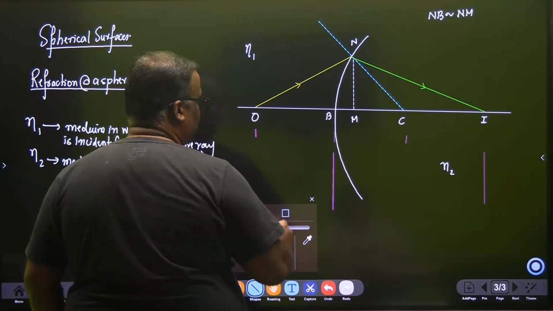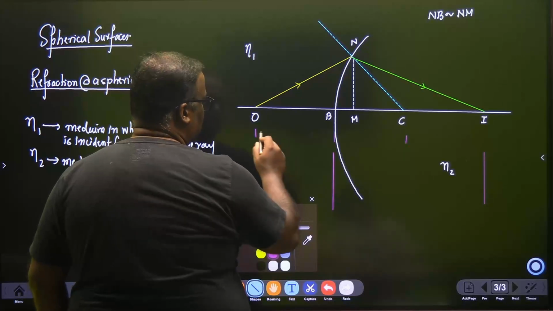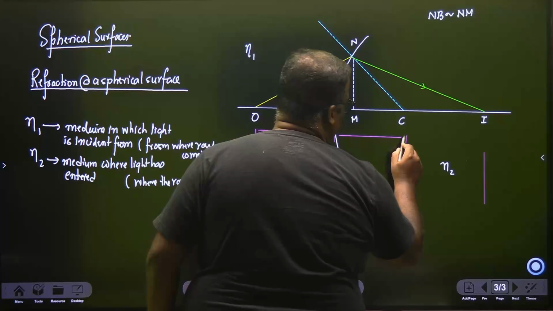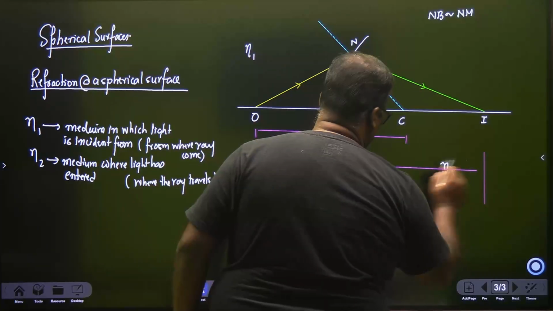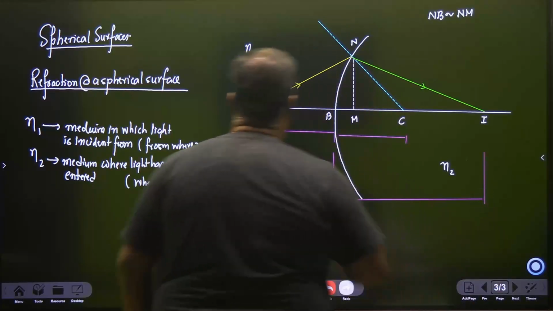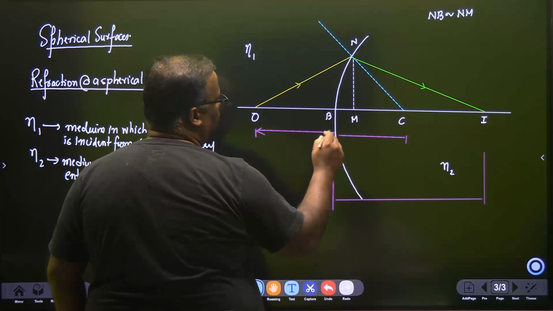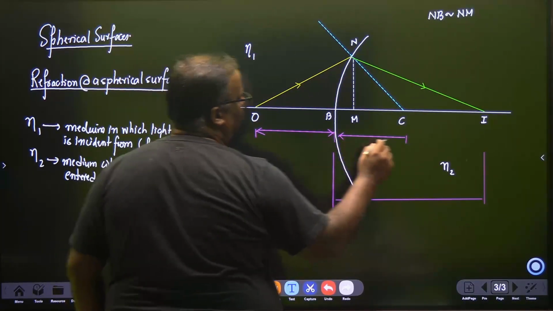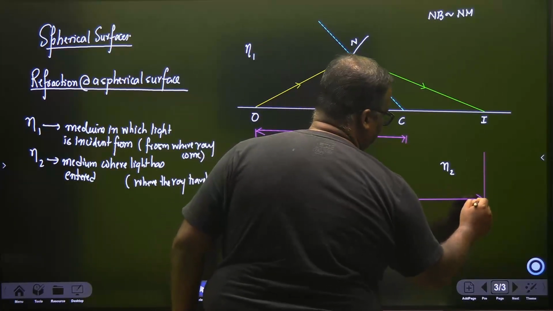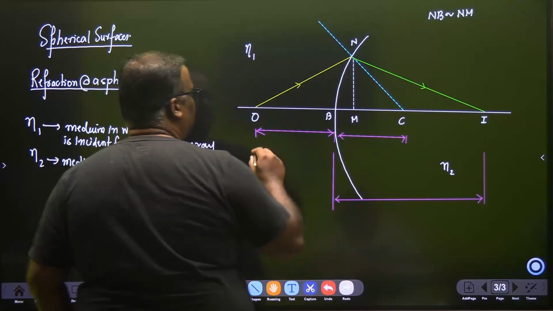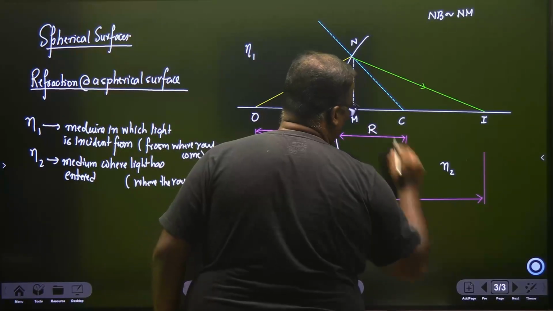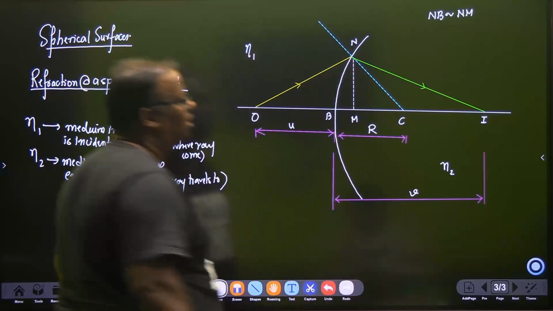Let's mark them with this color itself. This is U, this is R, and this is V.